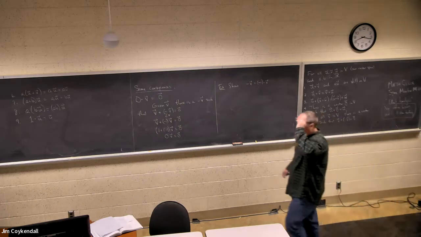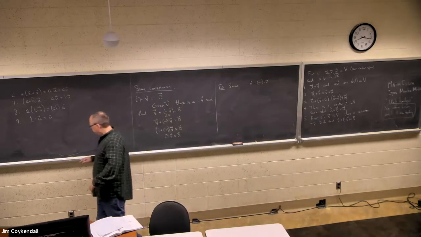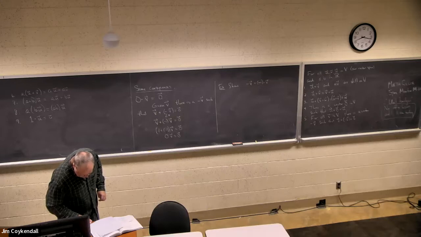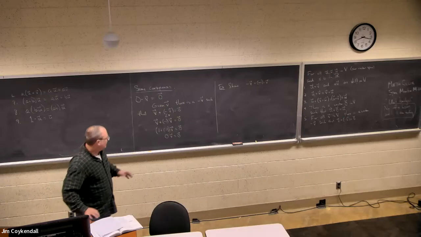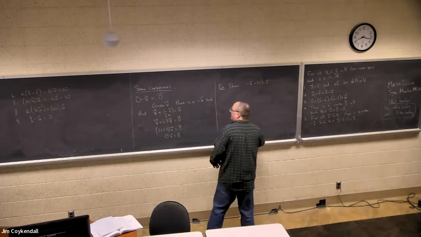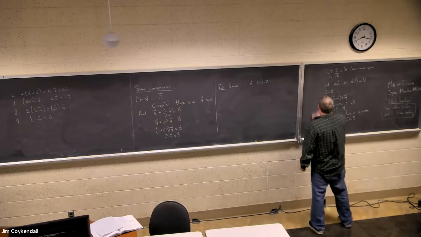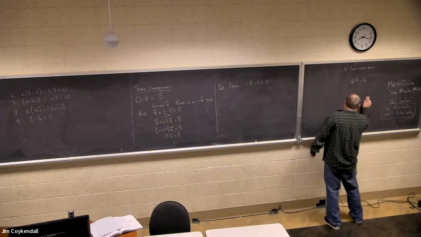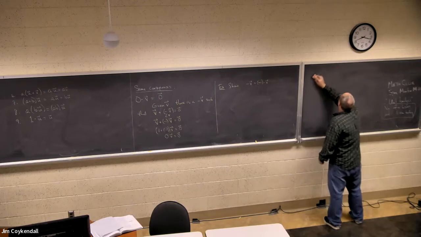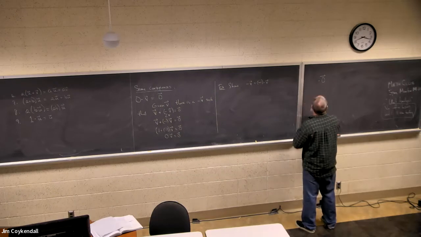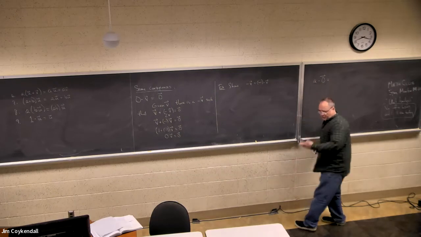Here's another consequence of all this. If you take the zero vector and you multiply it by any scalar, what do you suppose I get here?